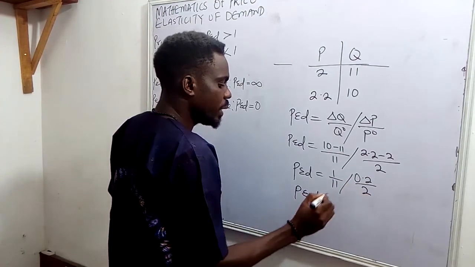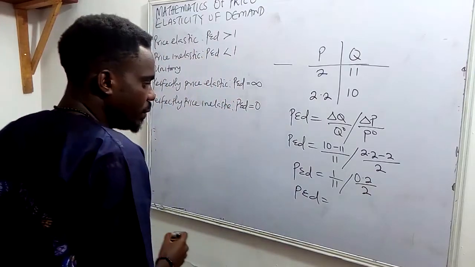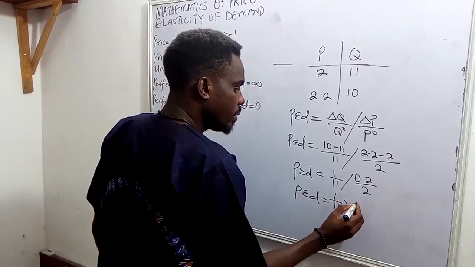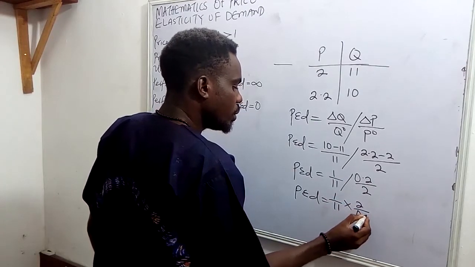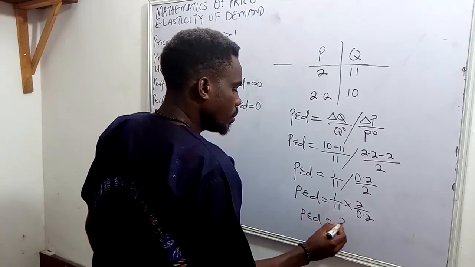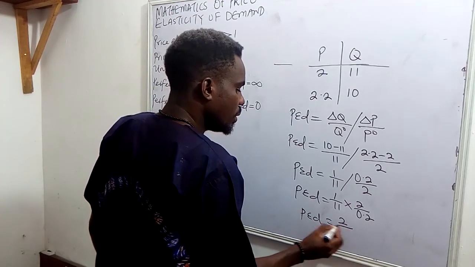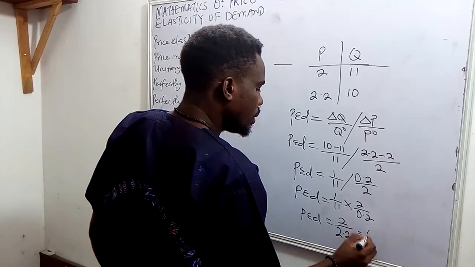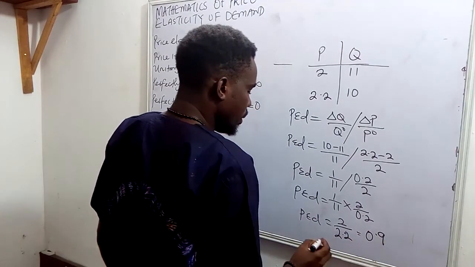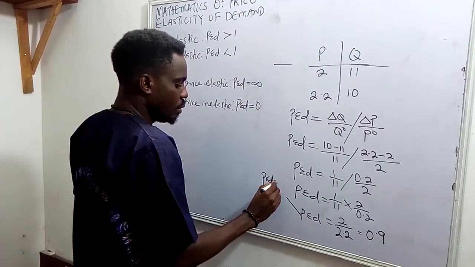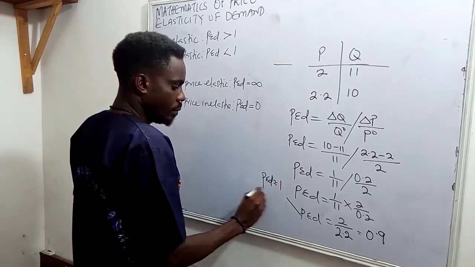The coefficient of price elasticity of demand is 1 divide 11 multiply 2 divide 0.2. This will give 2 divide 2.2, which is 0.9, and approximately this is 1.